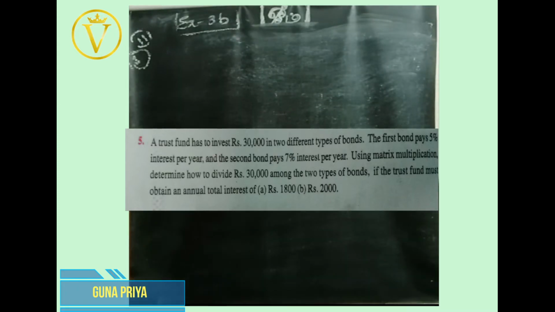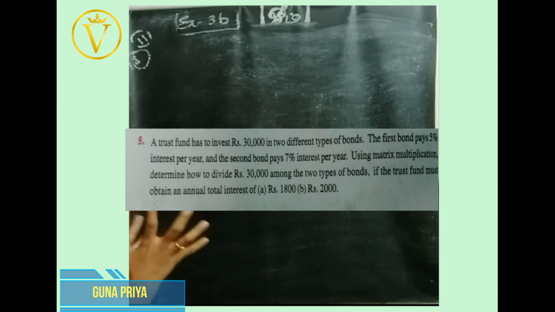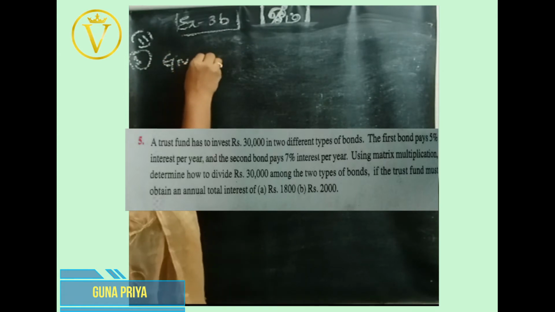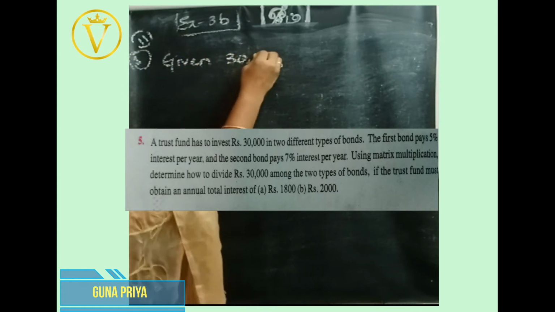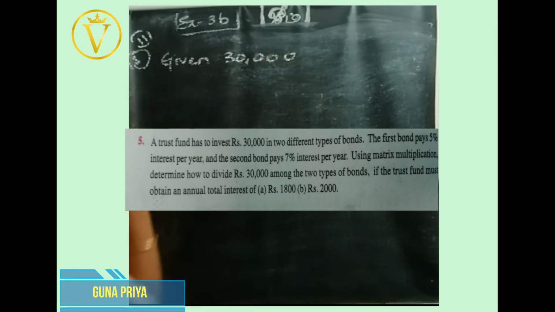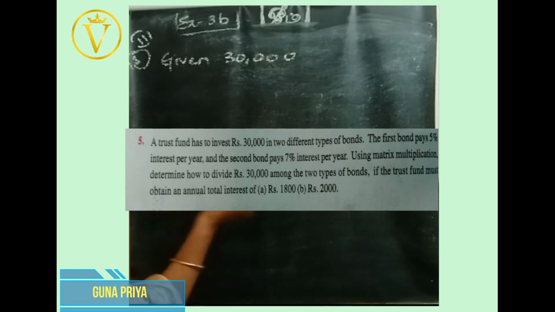Okay. What is given in the question? The trust fund is 30,000 rupees. Next, it has two types of bonds.